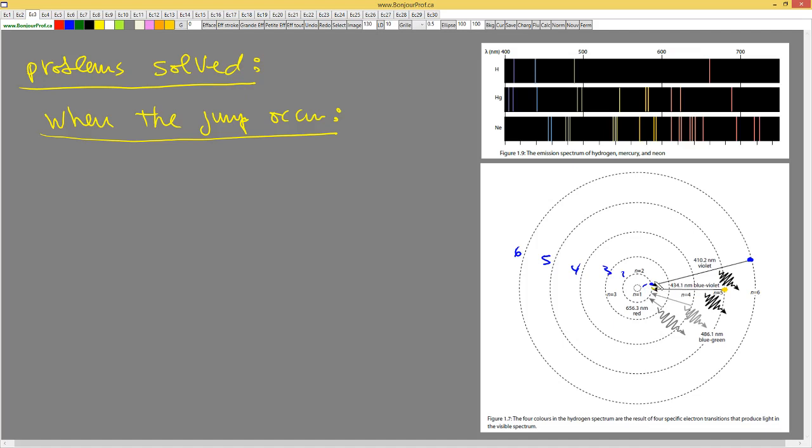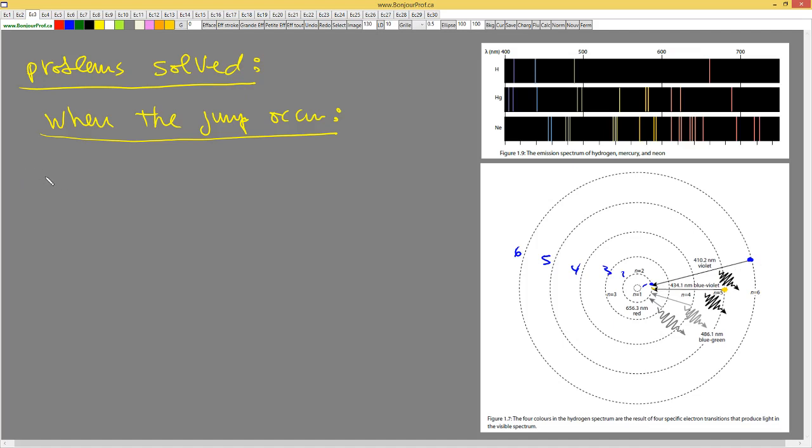They can also go from a lower level to a higher level. Each time there is a jump, the energy or the color released will correspond to the difference of energies of the two levels.